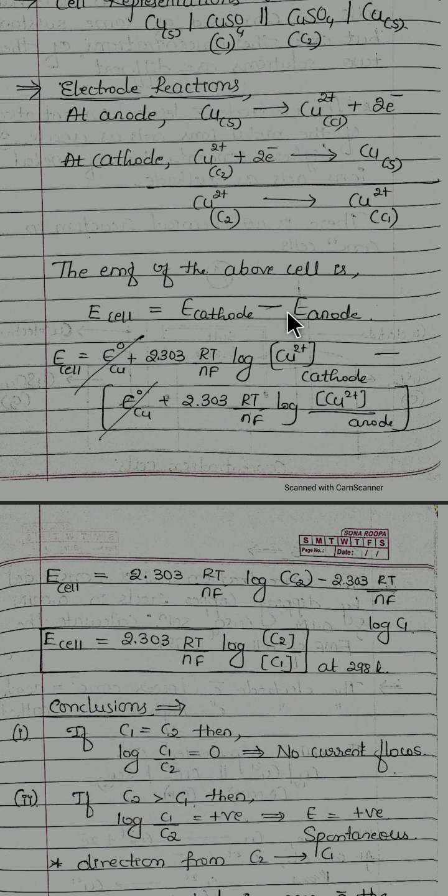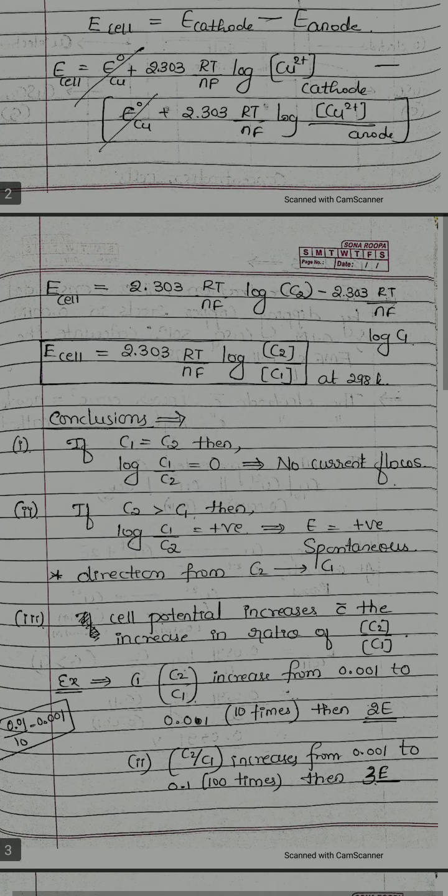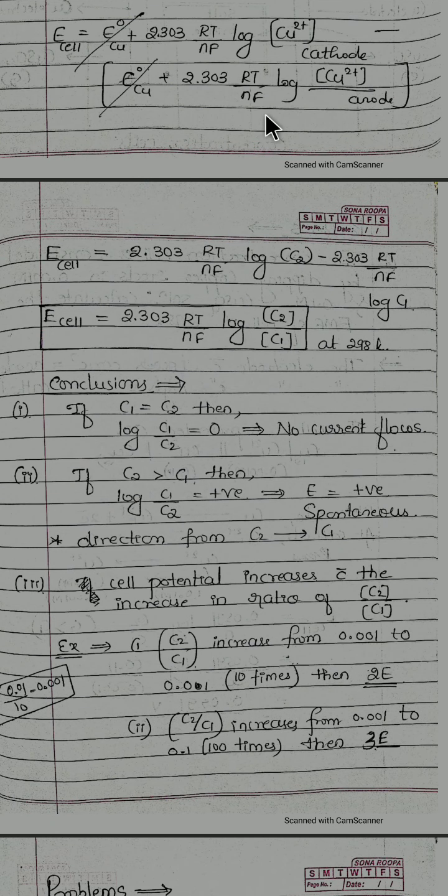Now you write the anode the same way: E naught of copper plus 2.303 RT divided by NF log of the copper metal ion concentration with respect to the anode. Note the changes: the concentration at the cathode is C2, and the concentration at the anode is C1.